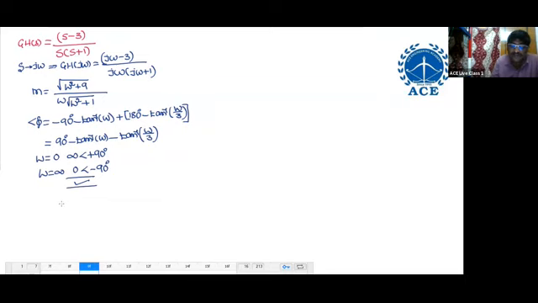Now draw the plot. What is the direction? Both are negative, means clockwise direction. Come on, draw the plot. Where does it start? Plus 90. Where does it end? Minus 90. What is the direction?